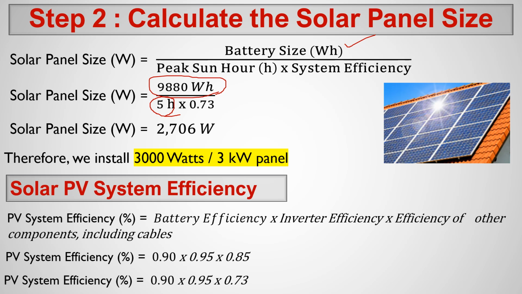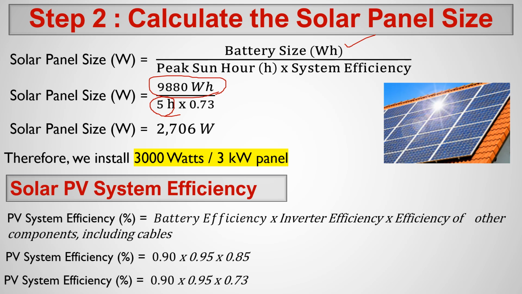The best assumption is 5 hours. It's an average value, because most of the confusion in solar radiation related problems, rainy days, cloudy days, everything is averaged. So if you take 5 hours per day, it averages 5 to 6 hours. Some places say 5 to 6 hours, some people take 4.5 hours. It depends on your location.